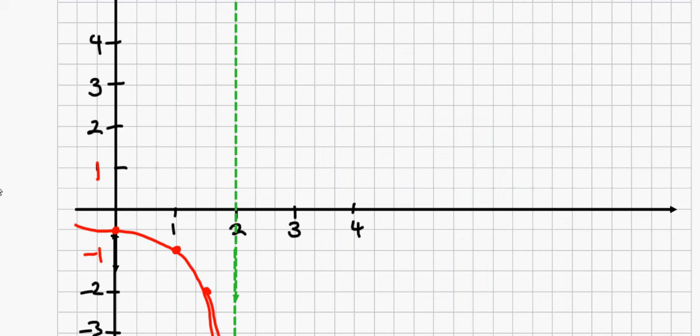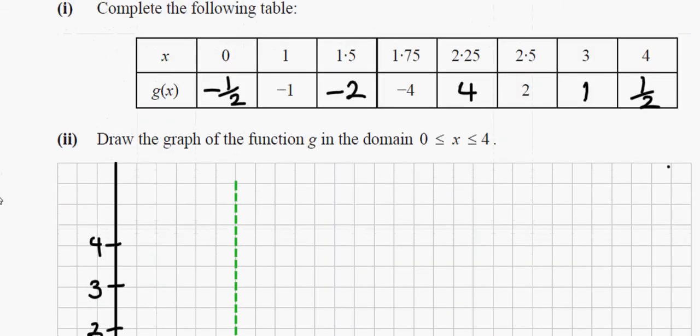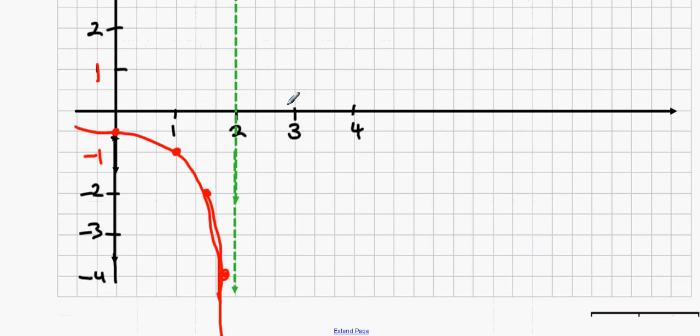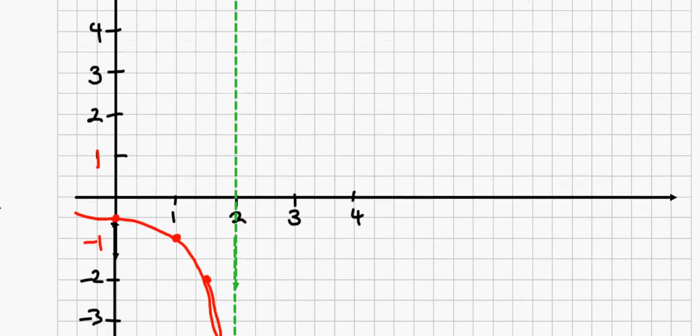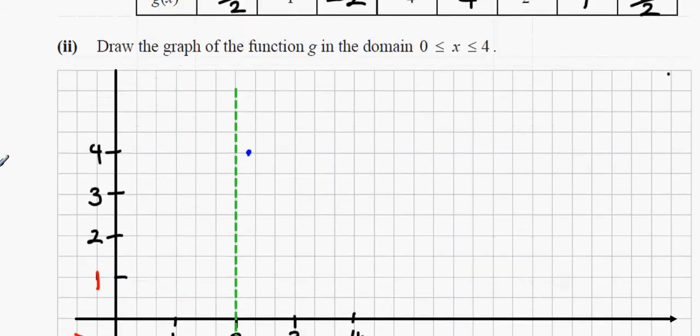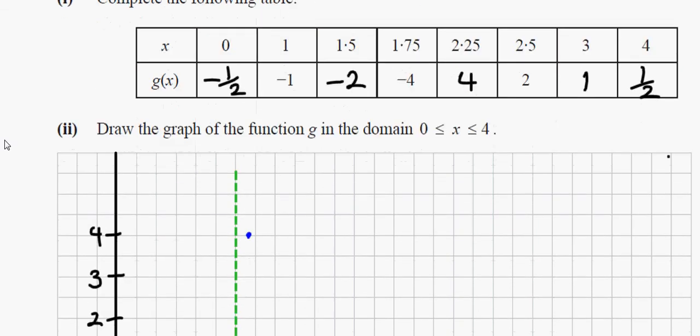Now the blue line, which is the opposite. 2.25 is around here, and it's up at 4, so it's about here. Little dot, make sure we get the accuracy up. And then the next one is 2.5 and 2.